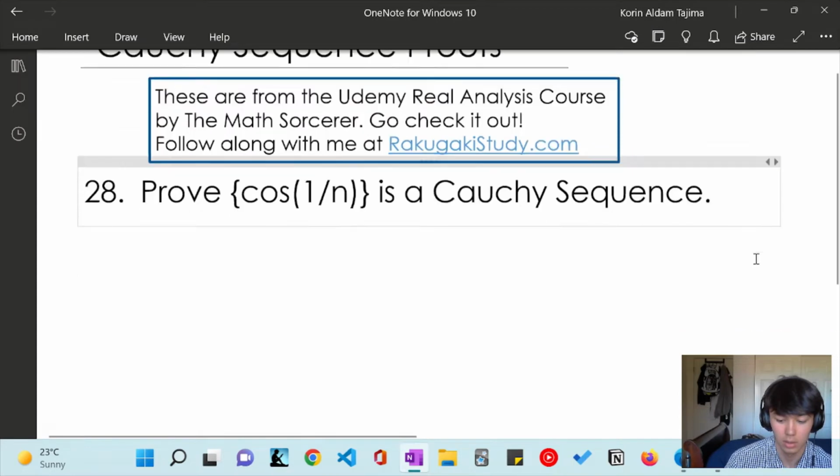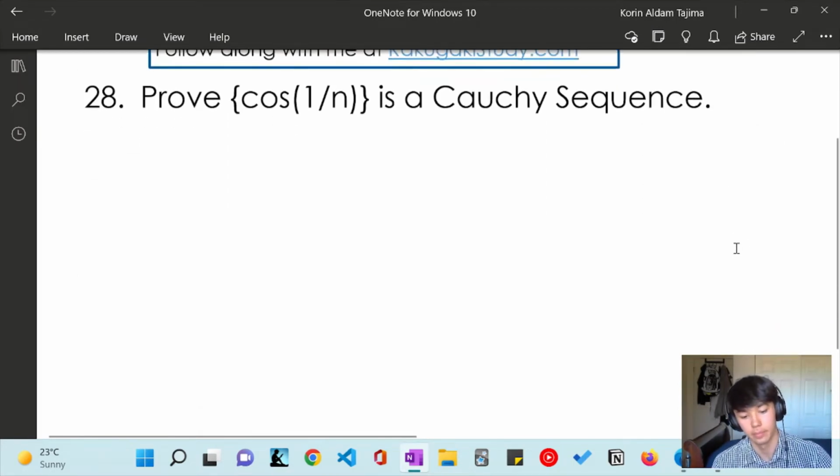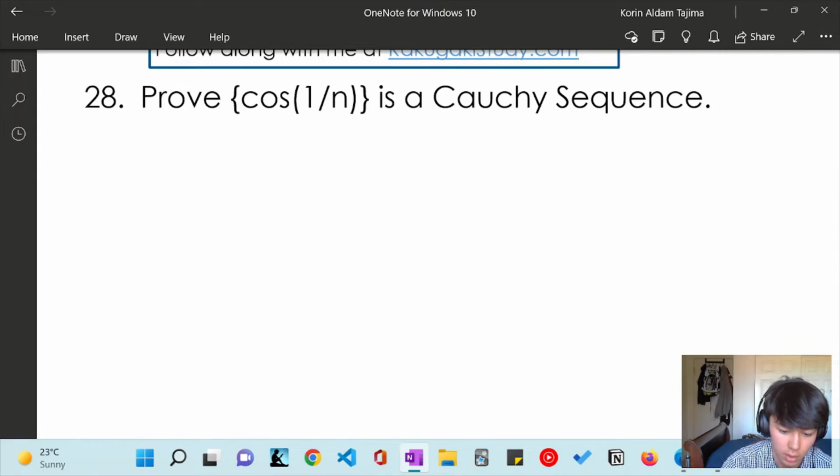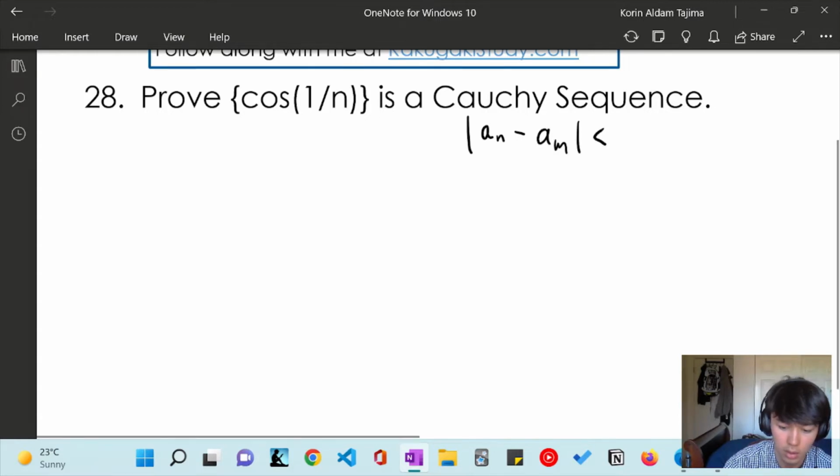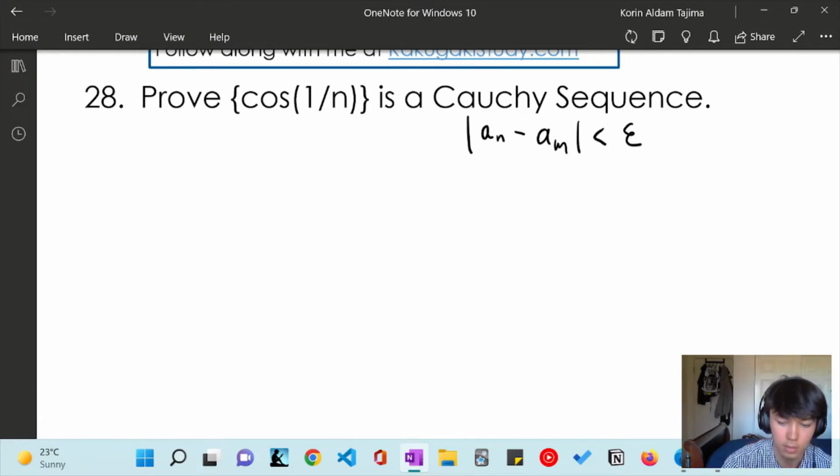Okay. So to prove it's a Cauchy sequence, we need the difference between a_n and a_m to be less than some epsilon margin, right?